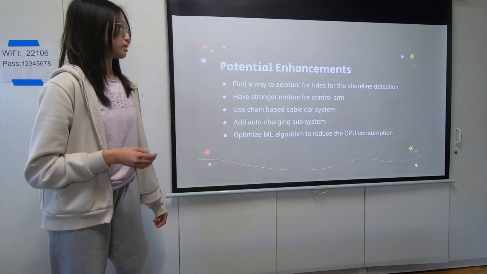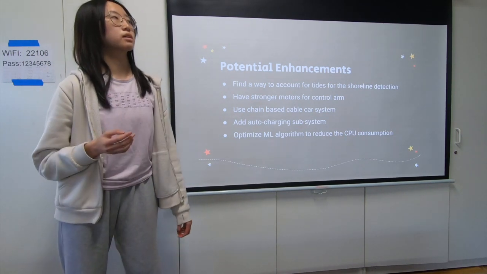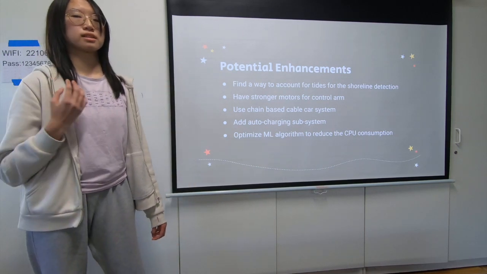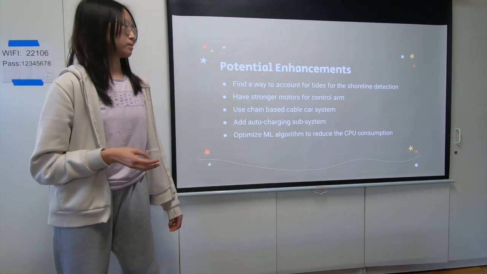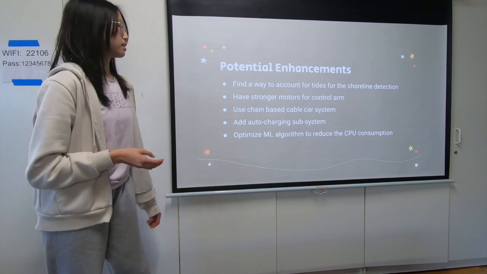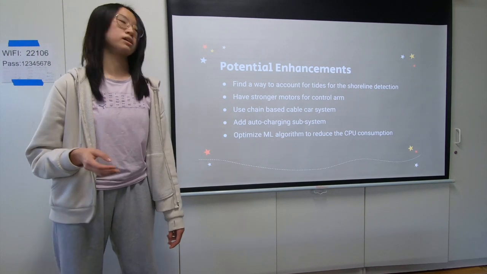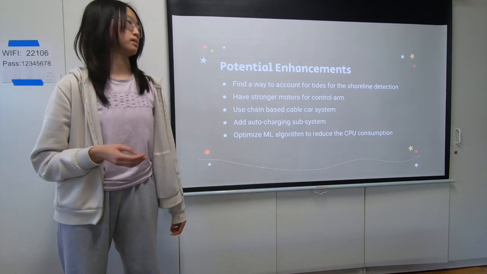We also want to try adding an auto charging subsystem, because right now the CubeSat can only charge when it goes to the charging station. We want to be able to have it charge when it's not there. And then we also want to optimize the machine learning algorithm so it won't consume as much CPU.